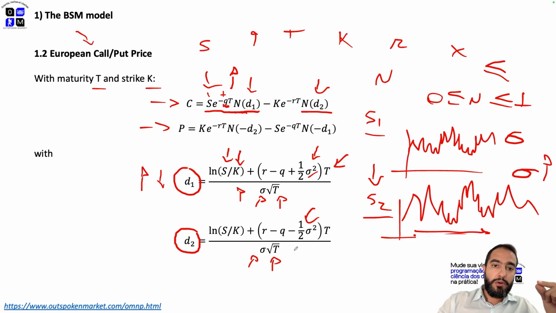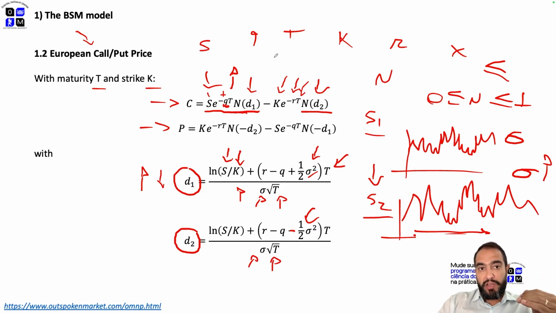If volatility goes up, as we said, eventually D2 is going to go down, because in this scenario, the volatility is subtracted from the other components of the formula. That final component over here, led by the strike price and the interest rate plus the time as well, eventually gets a little bit lower.